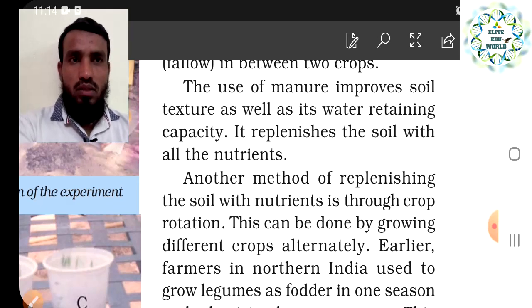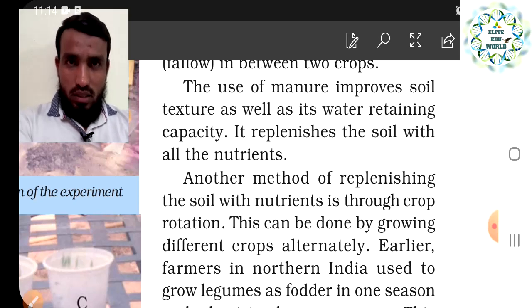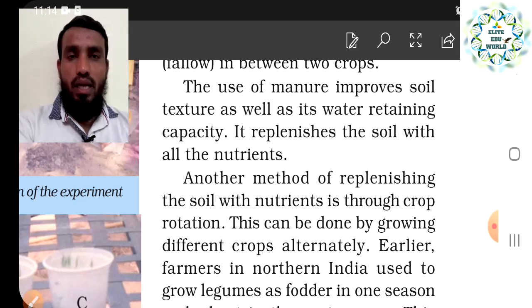The use of manures improves the soil texture as well as its water retaining capacity, and replenishes the soil with all nutrients. Manure is actually made from cow dung, and it is a natural fertilizer, so what are the advantages we will get? Definitely we will have the nutrients in it, and in addition it will improve the texture of the soil as well as the water retaining capacity.